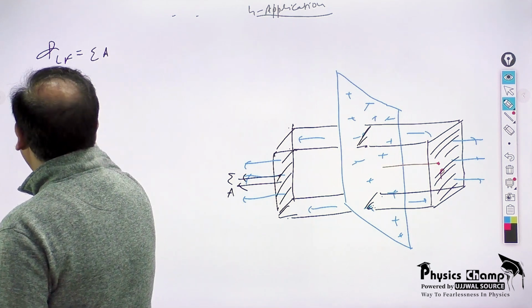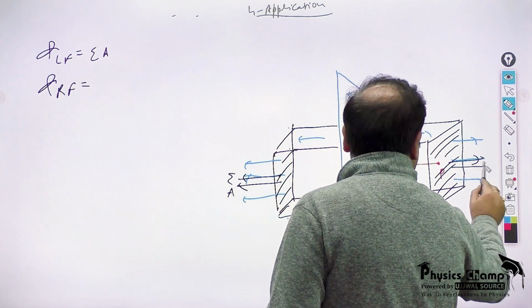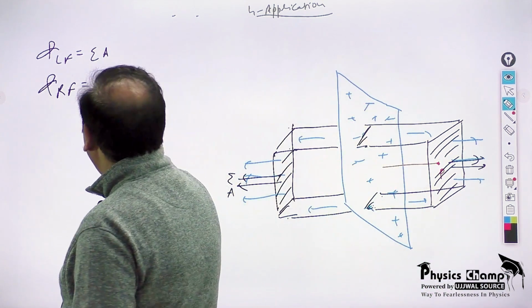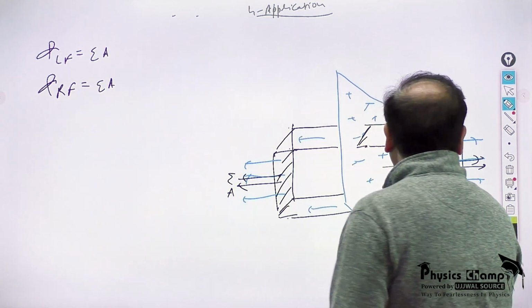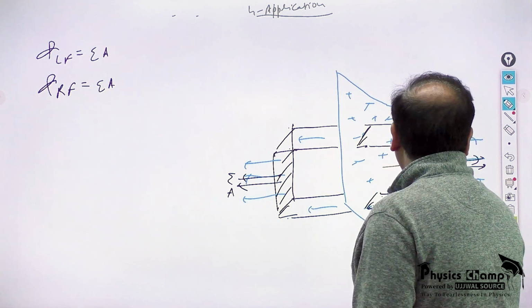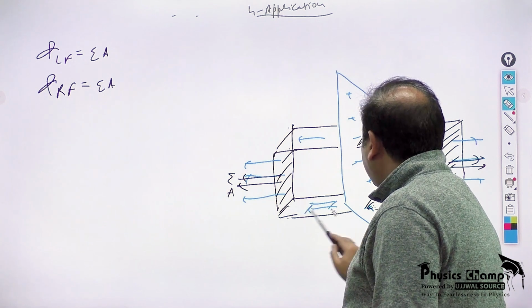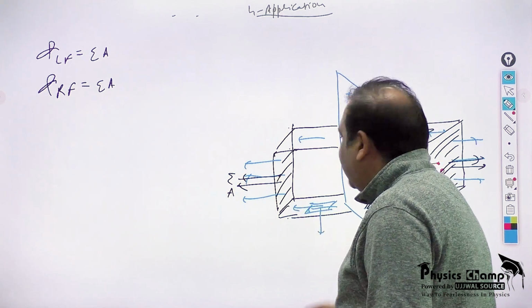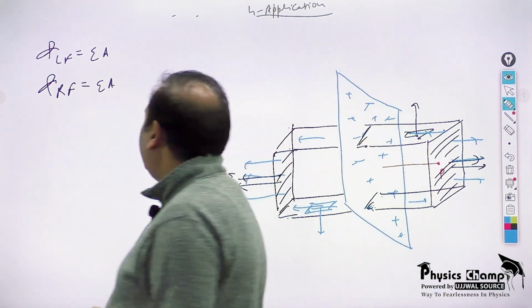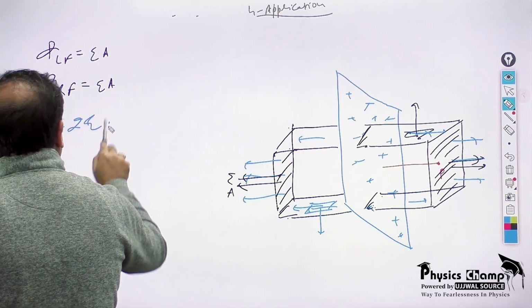Through the right flat surface also the electric field is here and area vector is here, I call it EA. But on these surfaces the area vector is here and electric field is here, so there is no flux. Similarly on this surface over here the electric field is here and area vector is here, it will provide no flux. So the total flux would be 2EA.